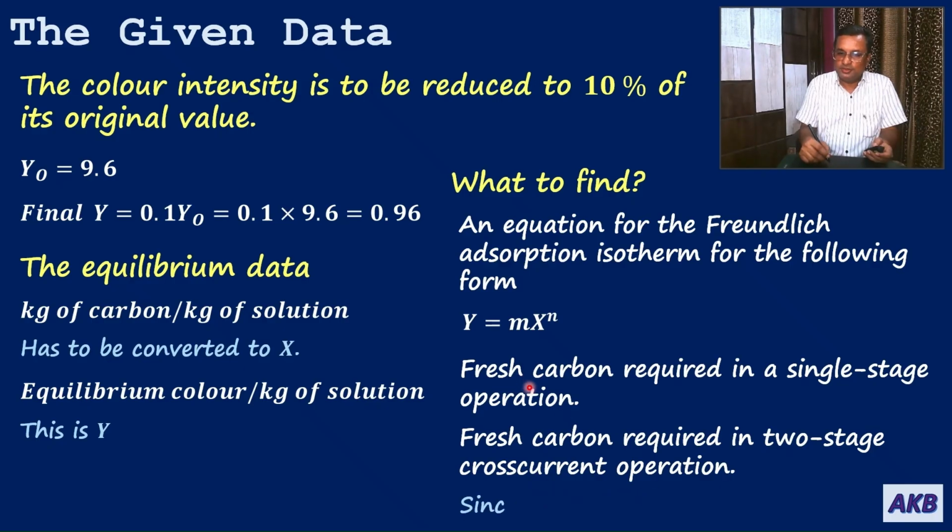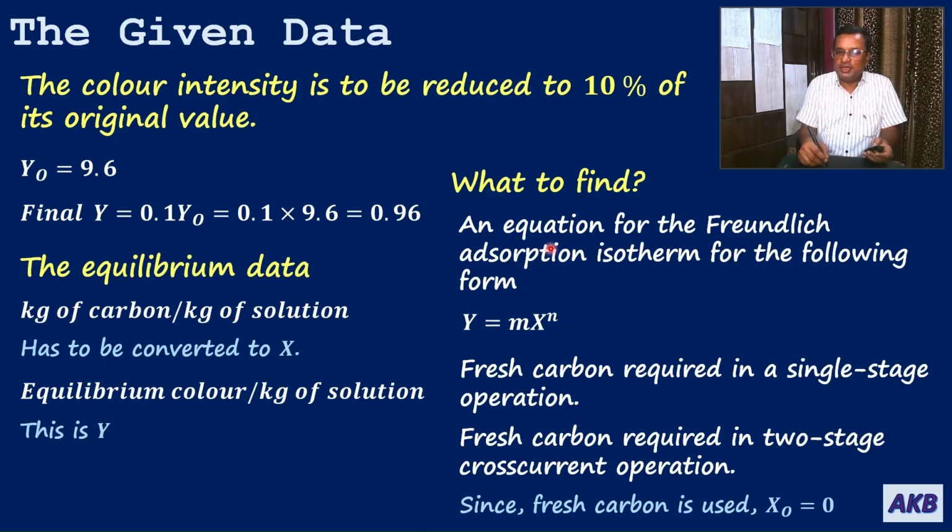And since fresh carbon is used, X naught is 0. That is the concentration of the solute, or in this case, the concentration of color in the entering adsorbent phase, is 0. So that's why capital X0 is 0. The reason is we are supposed to use fresh carbon.